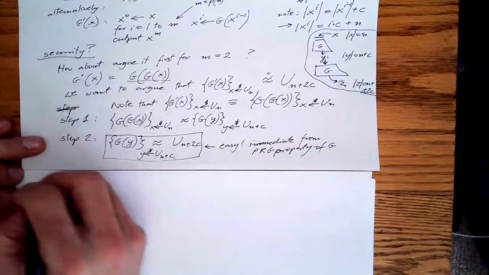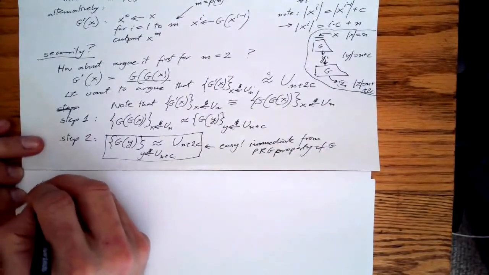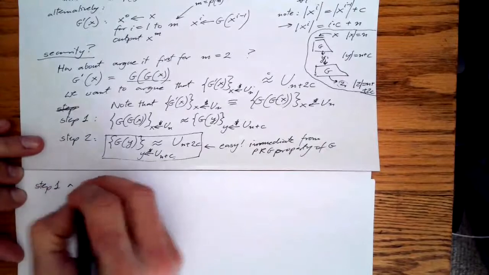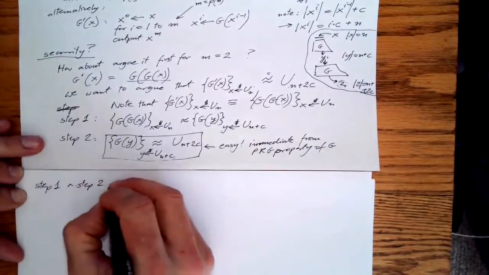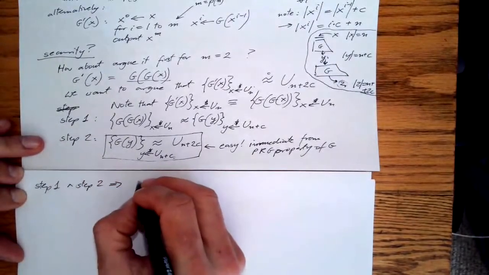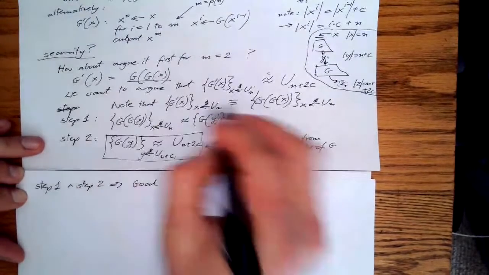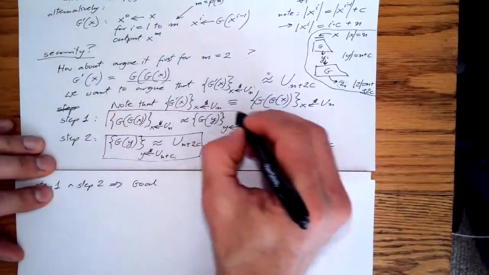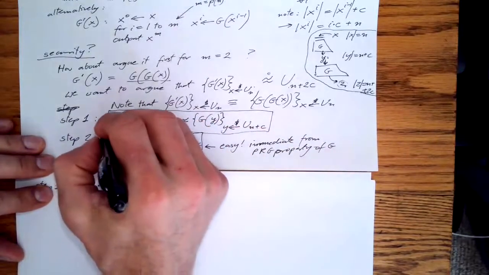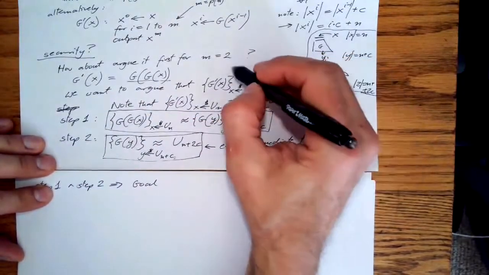So step 1 and step 2 imply the goal. This is the step 1 part, and this is the goal.